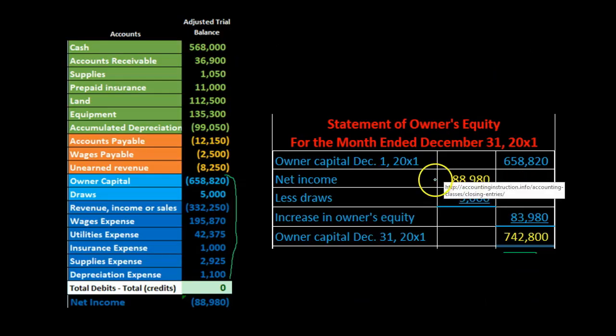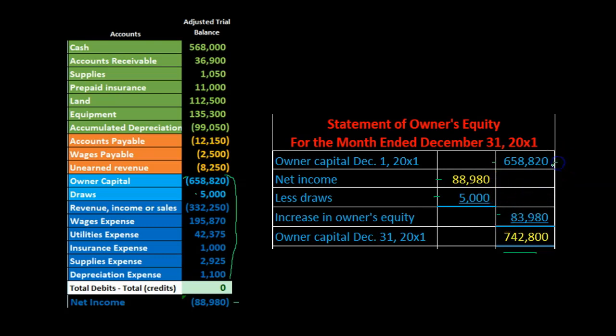When we saw the statement of owner's equity, note the process is much the same. We had the beginning balance, 658,820, this number here. Net income, 88,980, that number there. We're increasing it. Less, minus, draws, 5,000, 5,000. That is the difference. This minus this, 83,980.